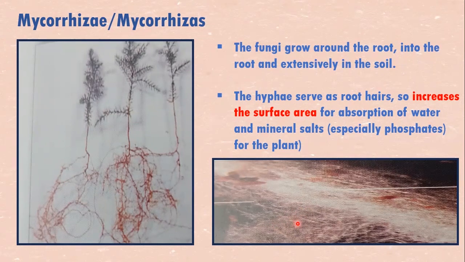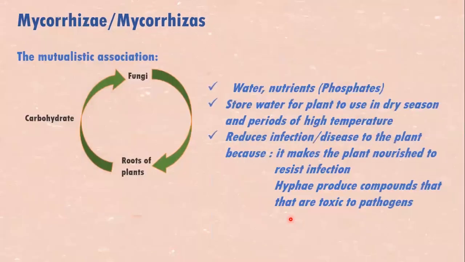So let's look at how we have drawn out the association. So we have this mutualistic association, fungi here, roots of plants here. Mutualistic means each of them is benefiting, fungi and roots. So what happens is that water and mineral salts, especially phosphates, are absorbed by the fungi, and then the fungi is able to store water for the roots to use in dry season and high temperatures when there's very little water in the soil.